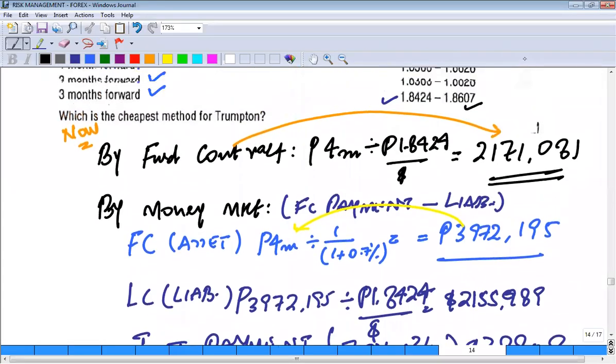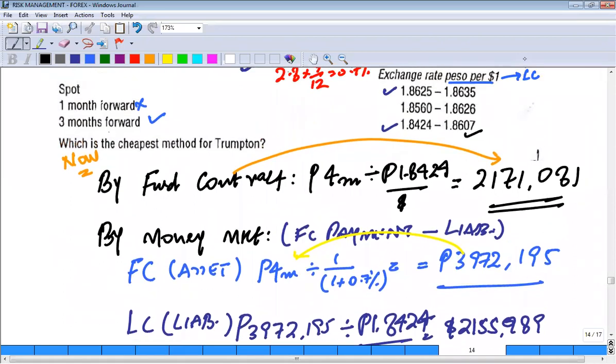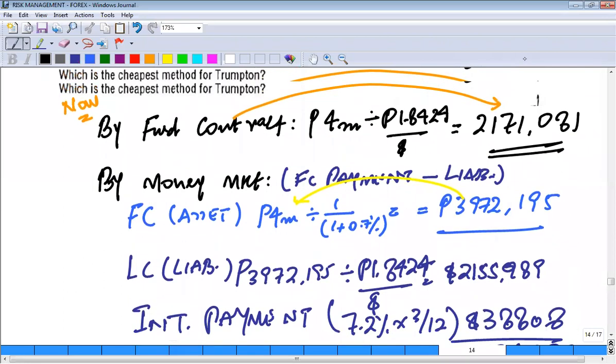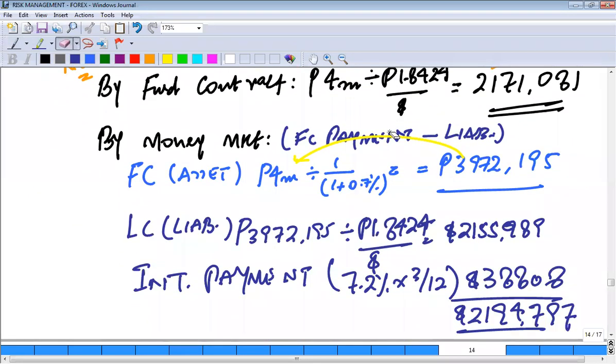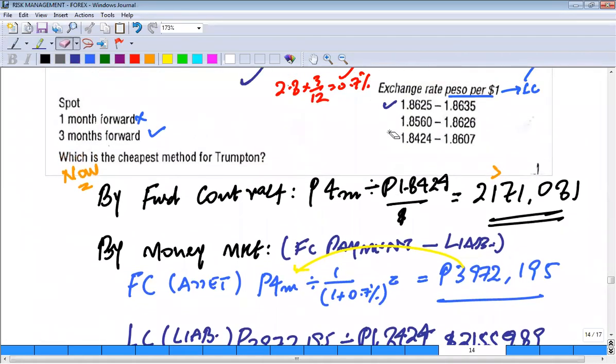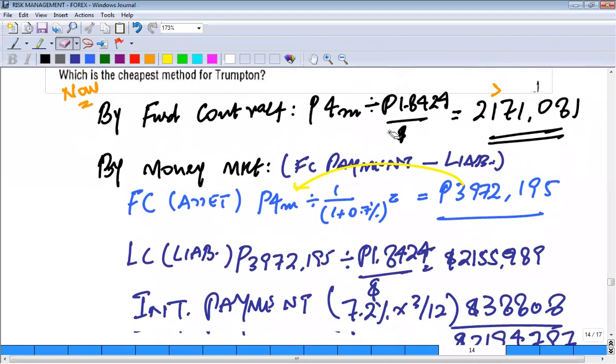Candidates, one mistake we have already made: we have used the forward rate here by mistake. Sorry for this. That is the spot rate. I'm going to repeat it.